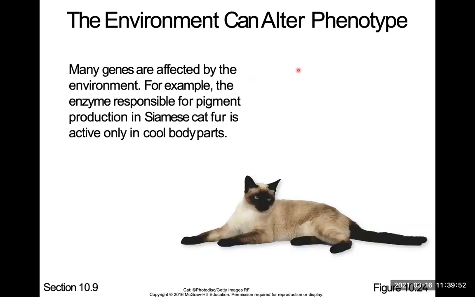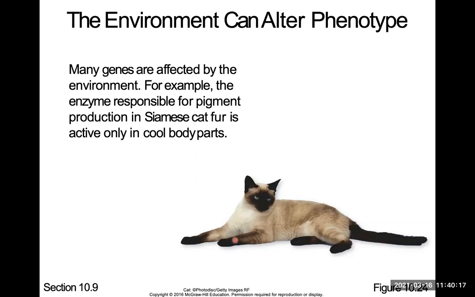This slide is talking about how environment can alter phenotypes. Phenotypes are the traits again. So genes are affected by the environment. This is a Siamese cat. The Siamese cat has an enzyme, so there's a gene or enzyme, you can say, that's responsible for pigment in the fur.